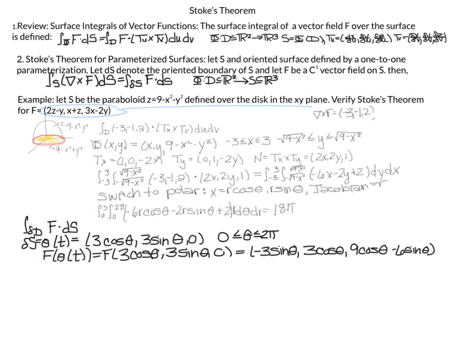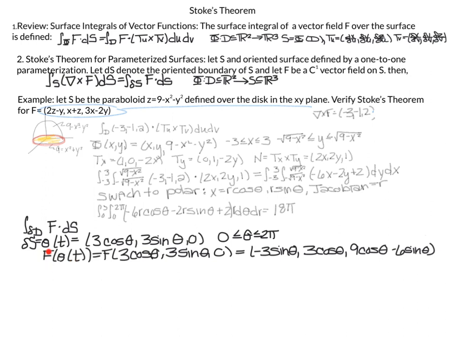Now, this boundary that I just computed is going to be the curve that I use for my line integral. So I'm just going to rename this boundary as my curve, my sigma of t, from the last slide, which is 3 cosine theta, 3 sine theta, 0. Now I can do my F composed with my curve.